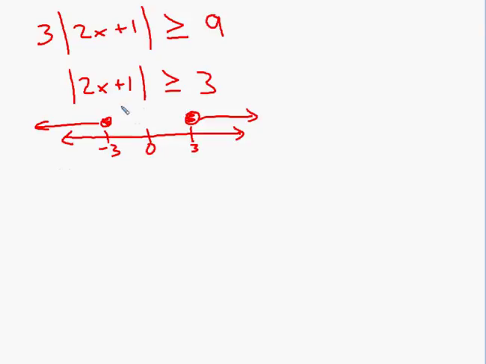So I have to split this into 2 cases. 2x plus 1, and I'm going to use this for my symbol, less than or equal to negative 3, or 2x plus 1, because I split it into 2 cases, right?